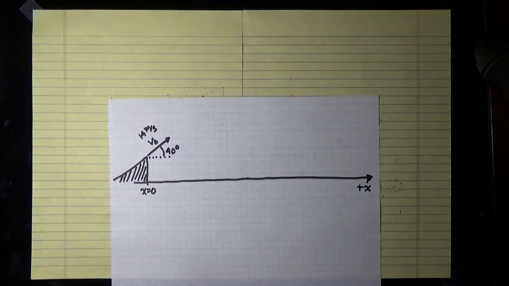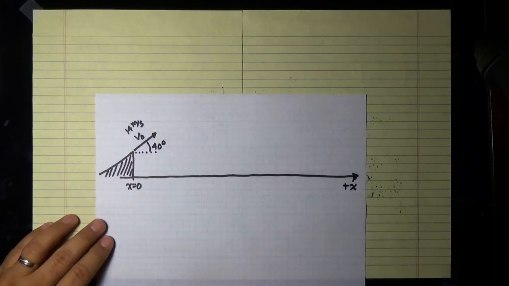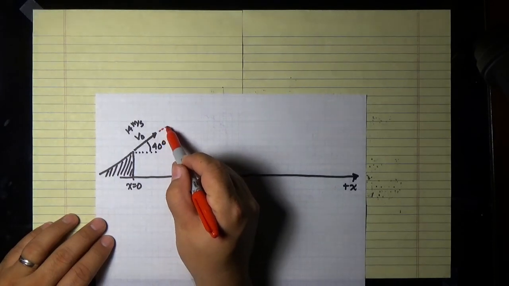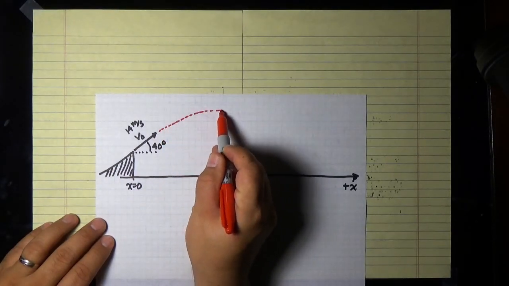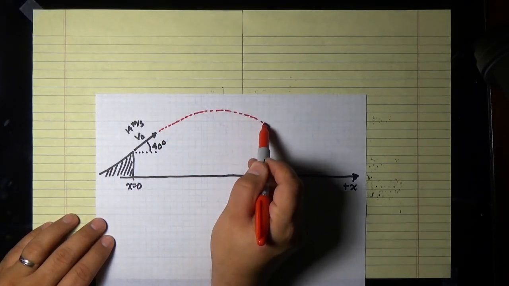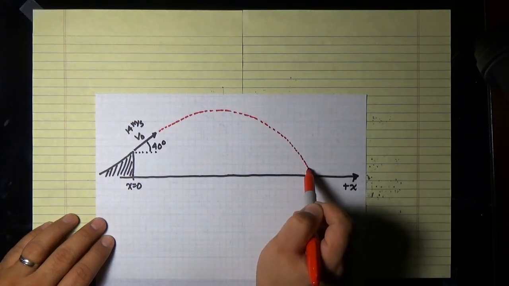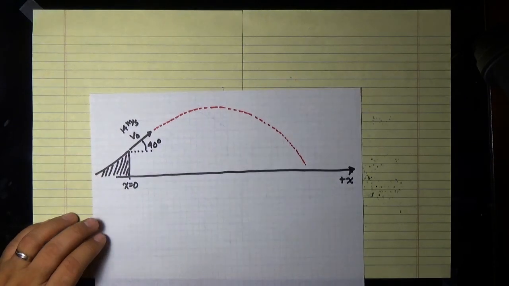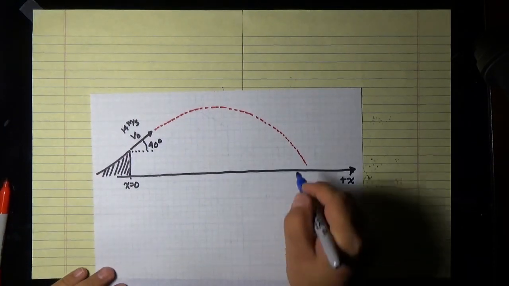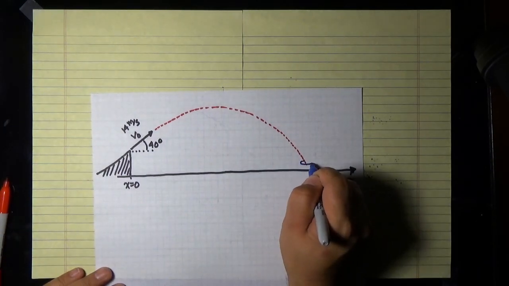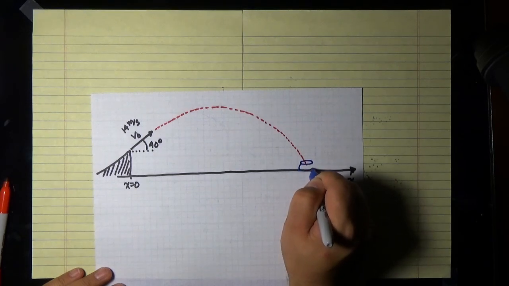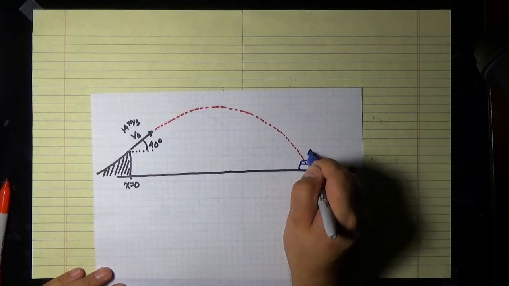Now, this is just a projectile problem, so my motion is a parabolic trajectory. I initially go up, and then I come back down, and in this case I come down much farther below the height at which I emerged, and hopefully, assuming you all do this problem correctly, there's a nice pool of water there for me to land in.